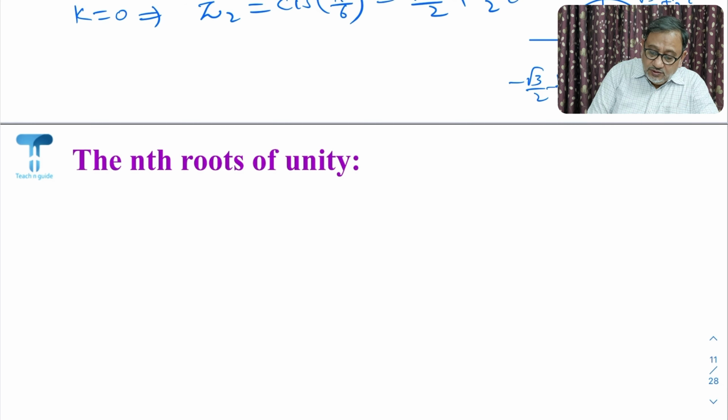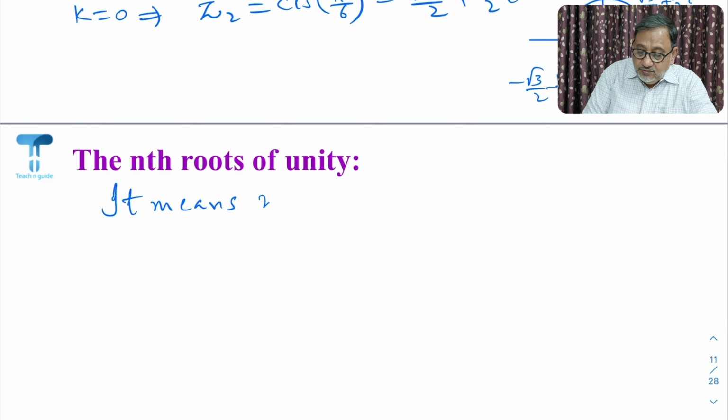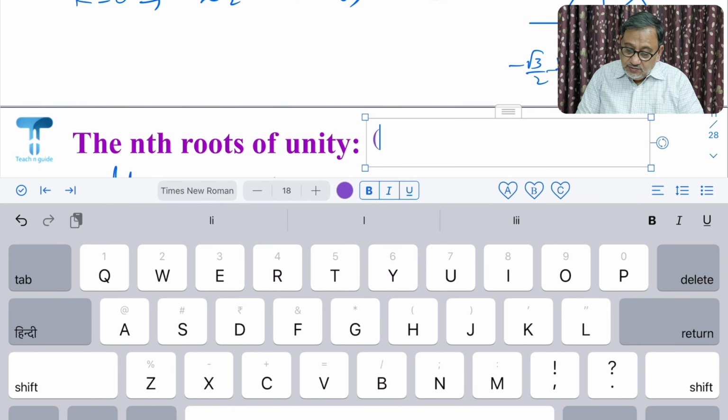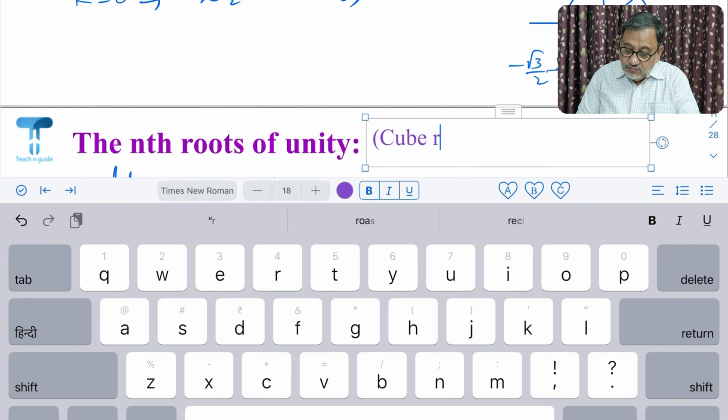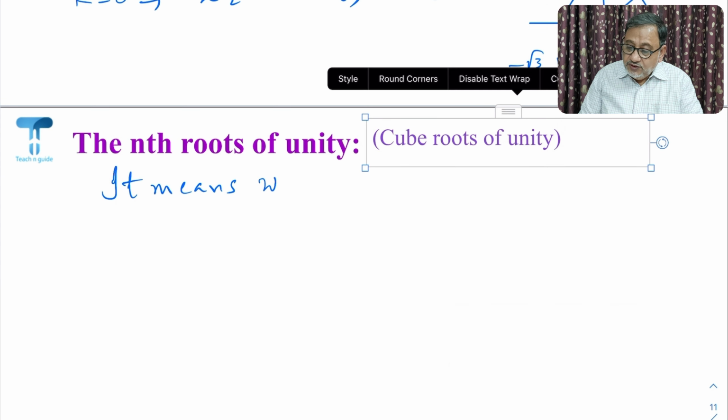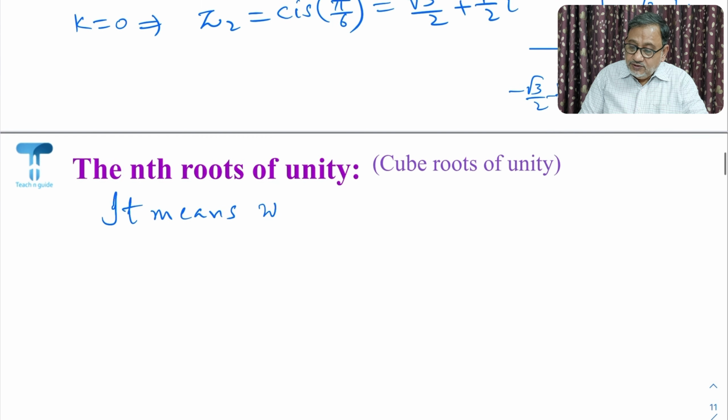Actually, I want to find cube roots of unity, not the nth root. Using nth root we are going to find this. Okay, so I hope you understood this.